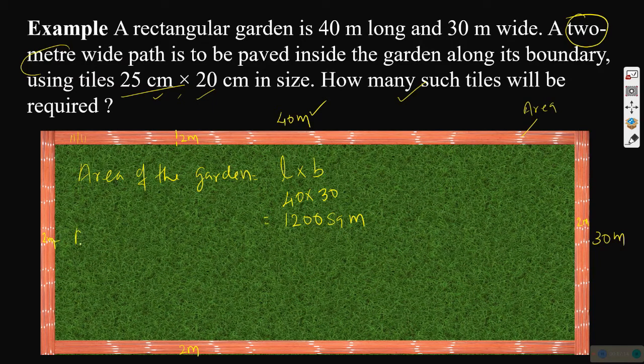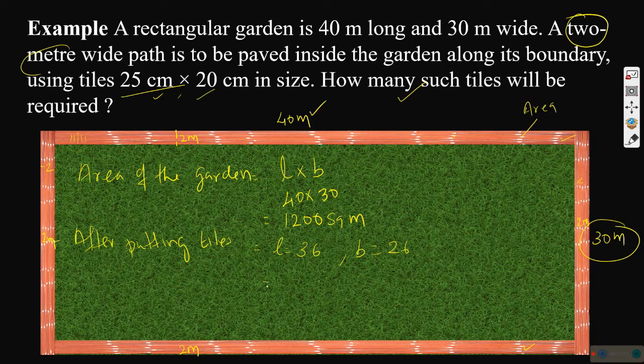Now, after putting tiles, let us see the area of the garden. तो 40 की जगह पे क्या होगा, इधर 40 है लेंथ, तो हियर 2 मीटर, हियर 2 मीटर कम हो गया, तो लेंथ इज इक्वल टू 36 हो गया, ब्रेड्थ इज इक्वल टू टोटल 30 है इधर, ऊपर 2 मीटर, हियर 2 मीटर कम हो गया, तो 26 हो गया.